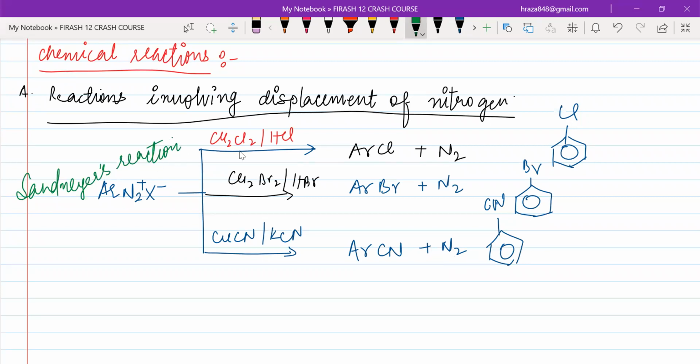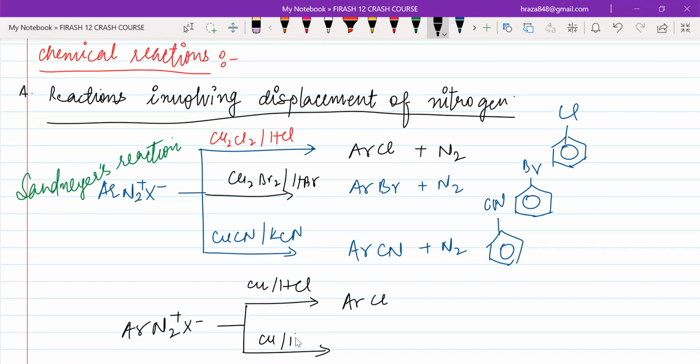Now there is another modified form known as the Gattermann reaction, in which the reagent changes. You only need to react copper in the presence of HCl, then you will get ArCl, or copper in the presence of HBr, instead of Cu2Cl2 or Cu2Br2, you will get ArBr, along with N2 and CuX.